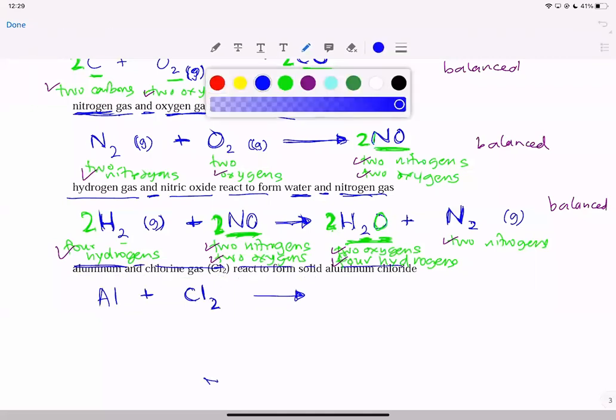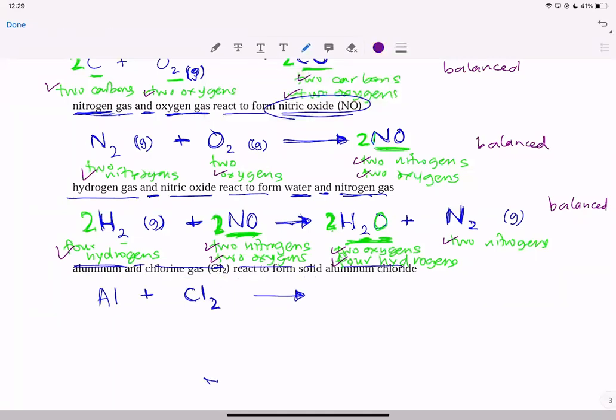Now you'll notice a couple things. They gave us the word solid, and also that it's aluminum chloride. Notice that ide name ending. Aluminum chloride is a metal and a nonmetal bonded together with an ide ending. This means it's an ionic compound.